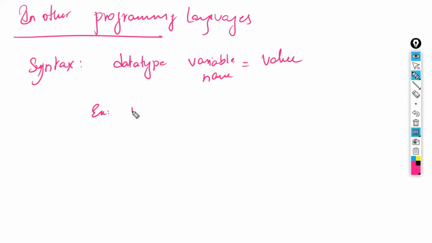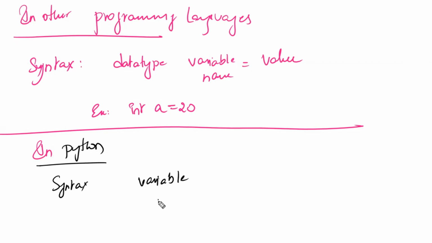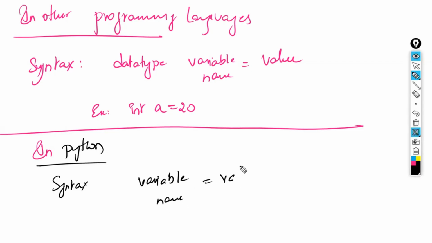Example, int a = 20. This is in other programming languages. In Python, you directly write the variable name is equal to the value. Example, a = 20. You don't need to write the data type in front.